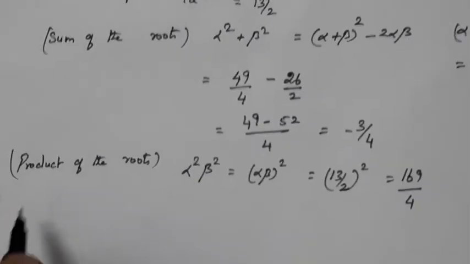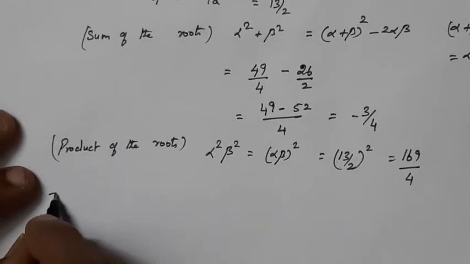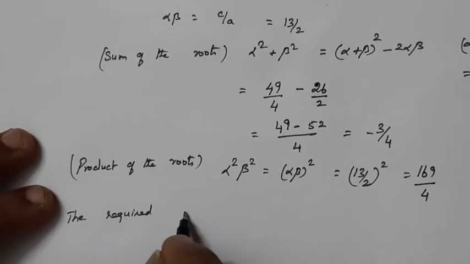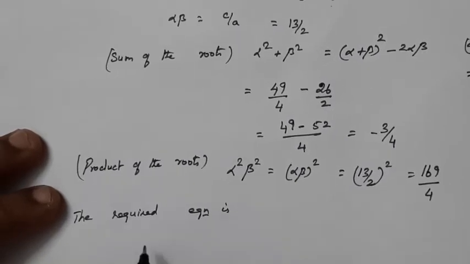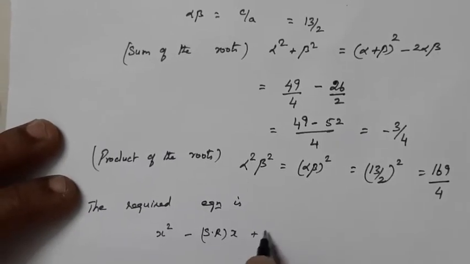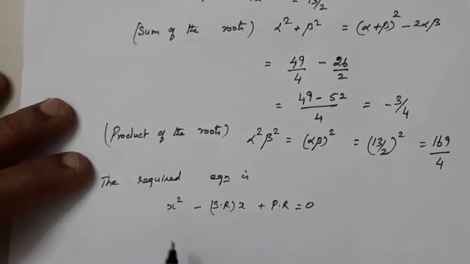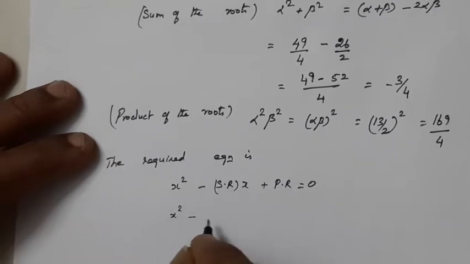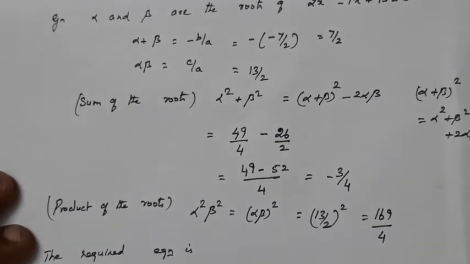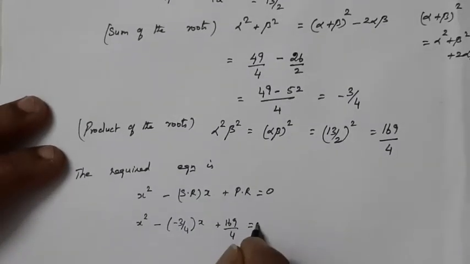So after getting the sum of the roots and the product of the roots, we can use the formula to find the required quadratic equation. So what is the required equation? x squared minus sum of the roots into x plus product of the roots is equal to 0. That is x squared minus 3 by 4 into x, plus 169 by 4 equal to 0.